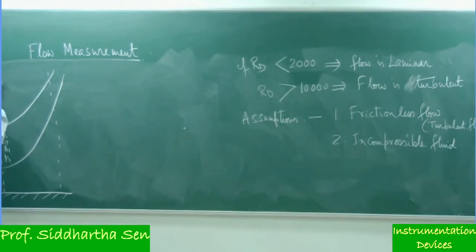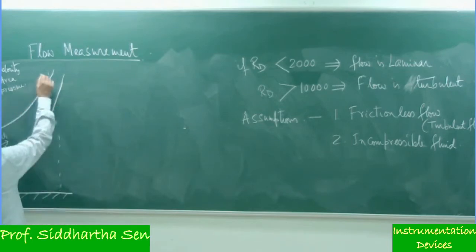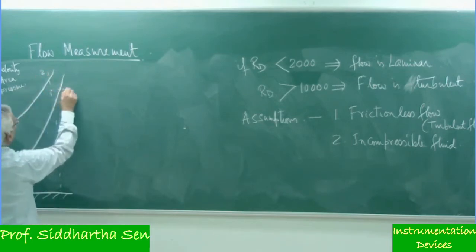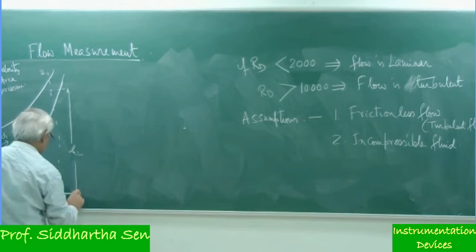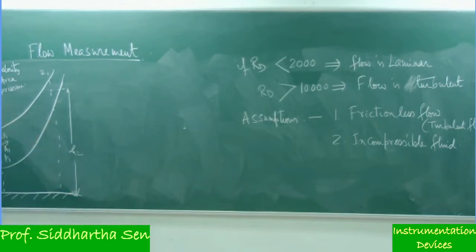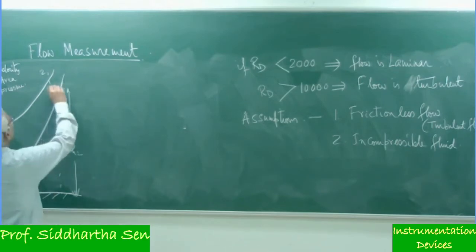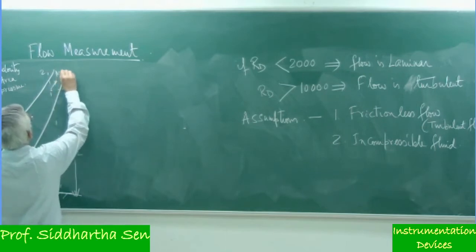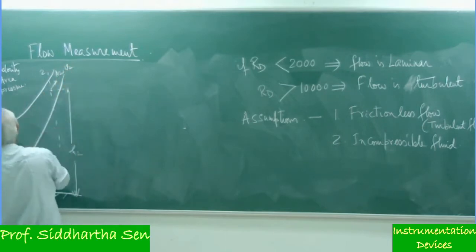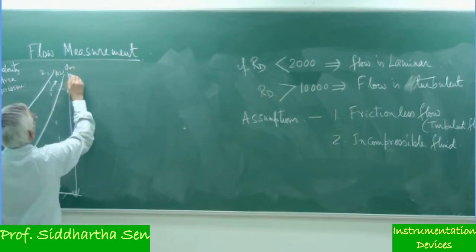So v1 is the velocity, a1 is the area, and p1 is the pressure. Similarly, at section 2, the distance from the ground is h2, and the cross section is different, so it is a2, and naturally the velocity will also be different, v2, and the pressure here is p2.